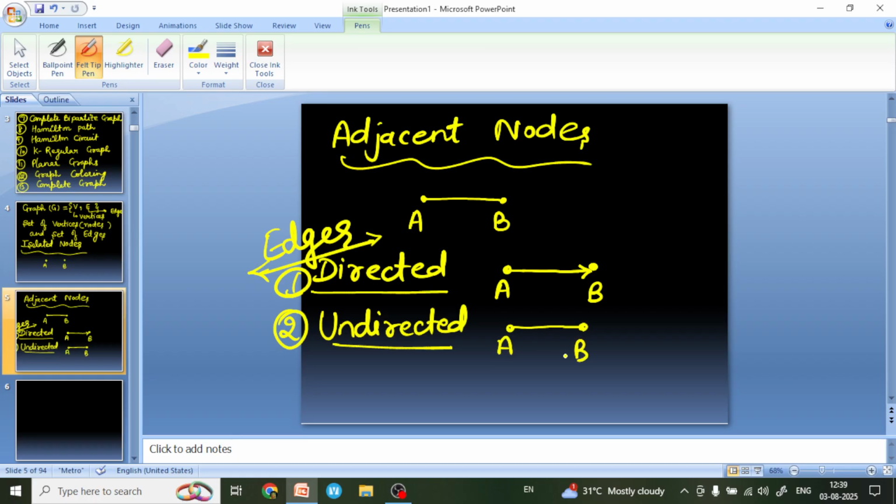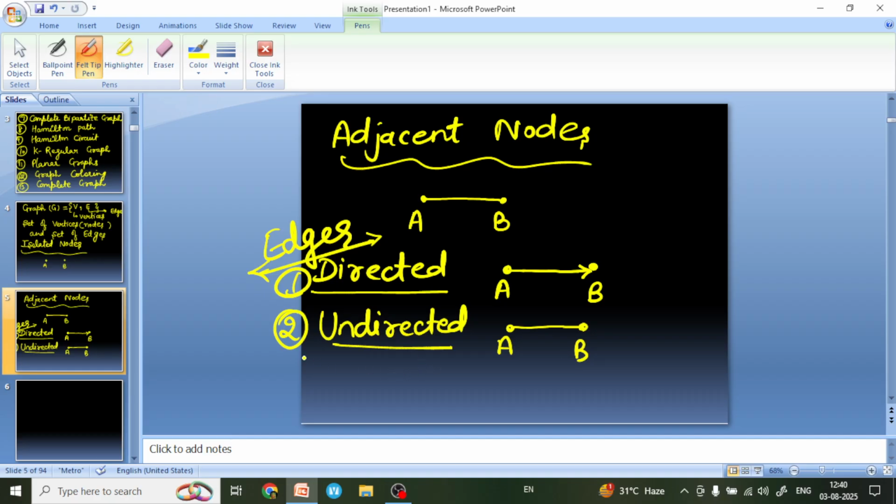You can say directed means an ordered pair of vertices, directed from vertex A to B. And undirected means an unordered pair of vertices, represented as A, B. It disregards any sense of direction and treats both end vertices interchangeably.